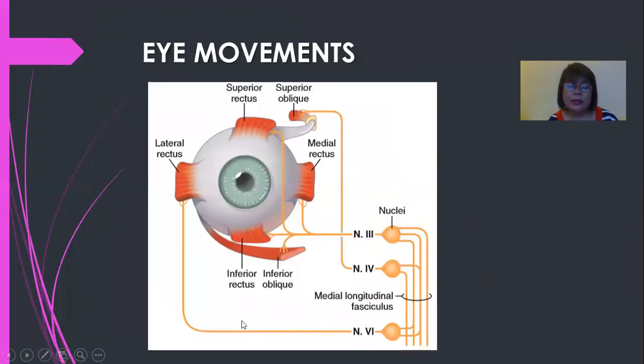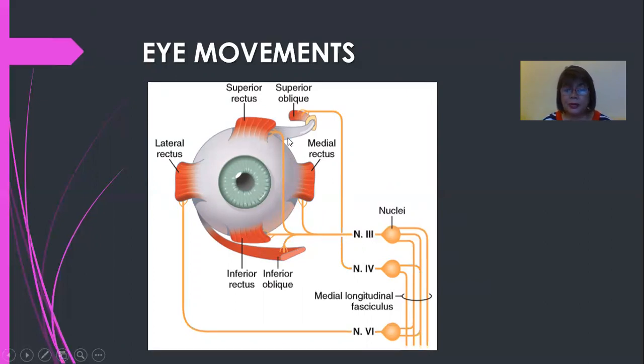The eye movements are controlled by the recti muscles, the lateral, medial, superior, and inferior recti muscles, and the superior oblique and inferior oblique. The medial rectus, superior rectus, inferior rectus, and the inferior oblique are all controlled by cranial nerve 3.